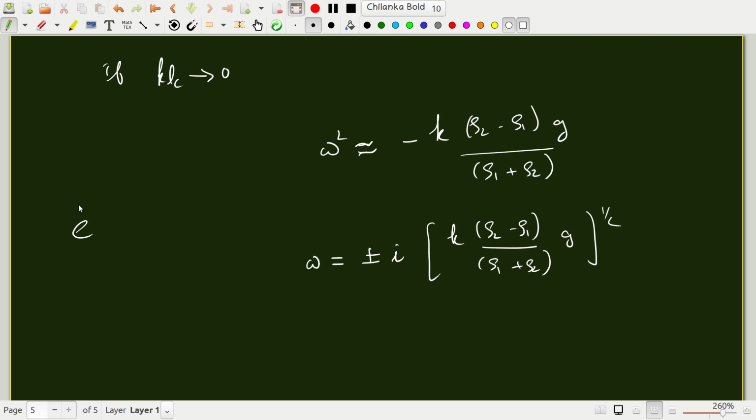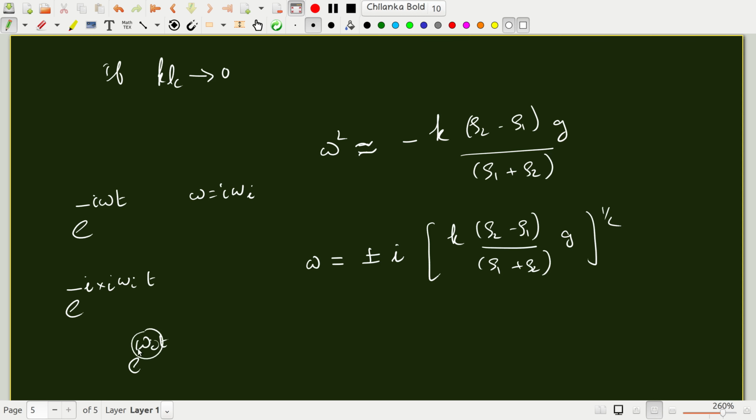So we had imposed perturbations of the form e to the minus i omega t. If omega is purely real, then it represents pure oscillation. If omega is imaginary, let's say omega is i times omega I, then i squared is minus 1, so it becomes e to the omega I t.